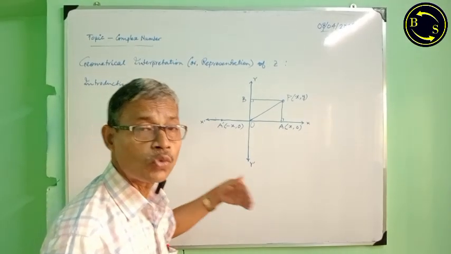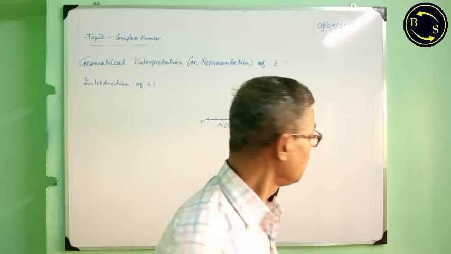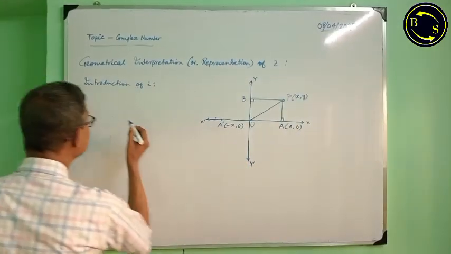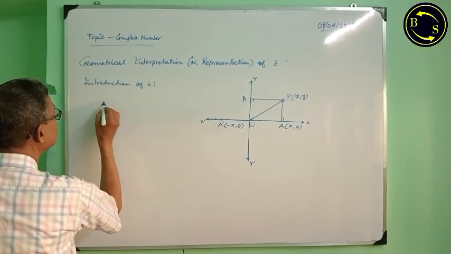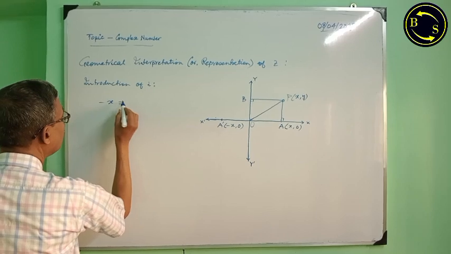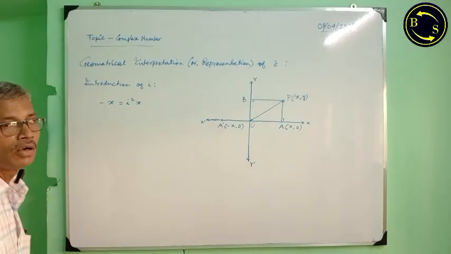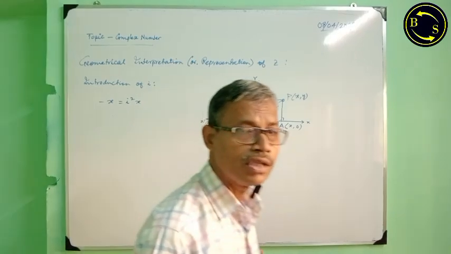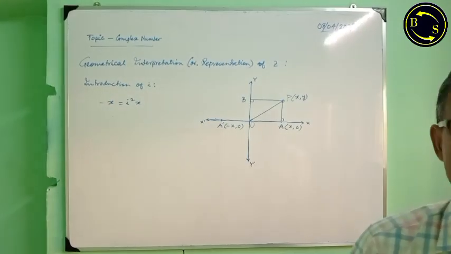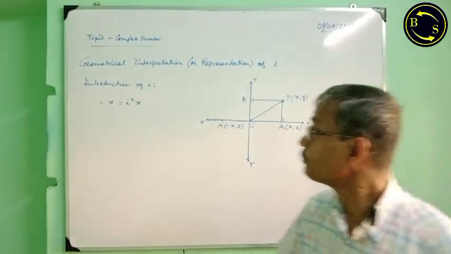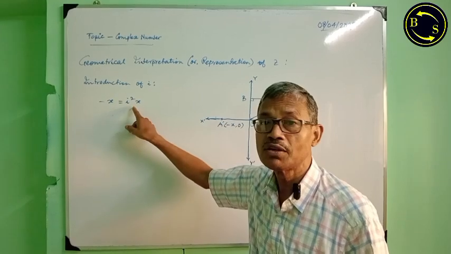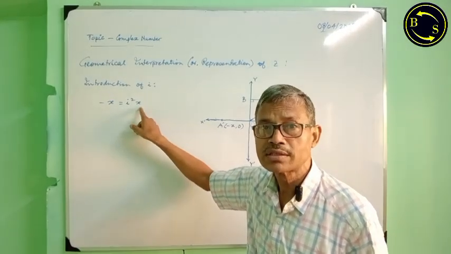We can say twice pi by 2. Now, minus x can be written as, already we have defined, i square equal to minus 1. Therefore, minus x is equal to i square into x.